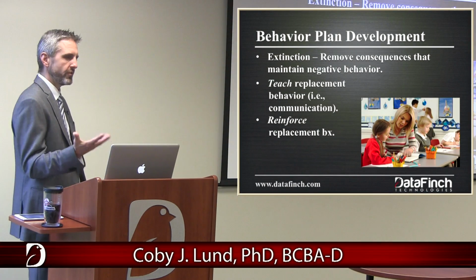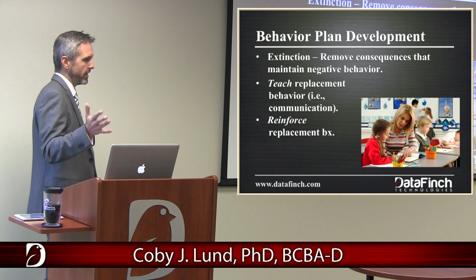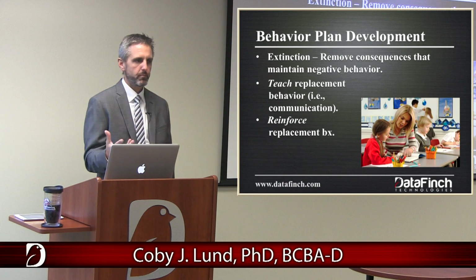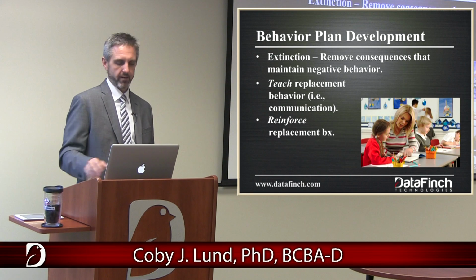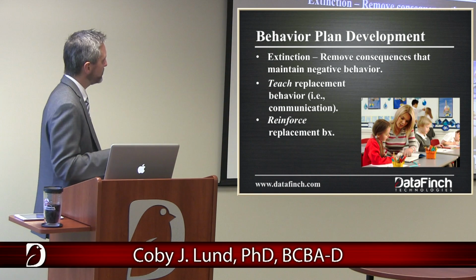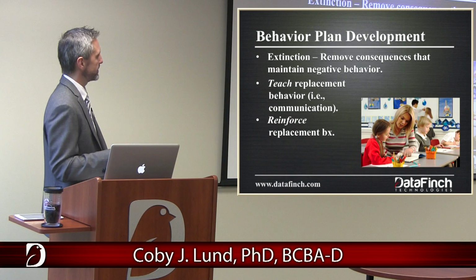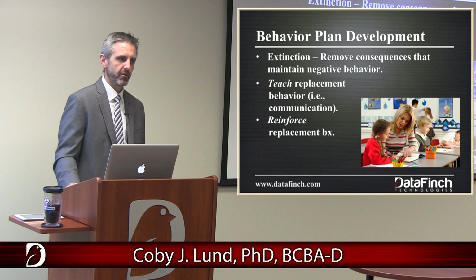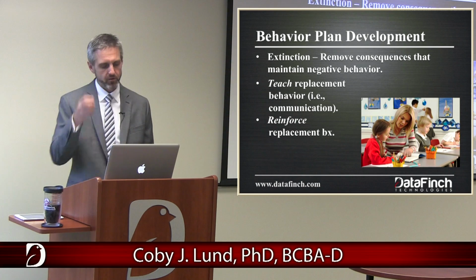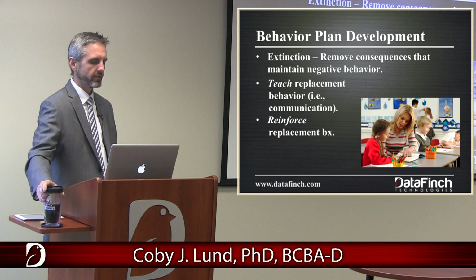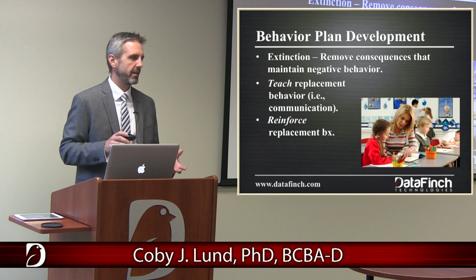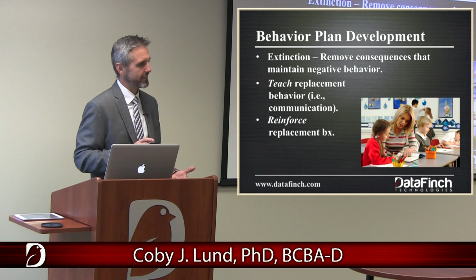As I mentioned, if you remember from part one, the first piece of at least two that we want to include once we identify function is trying to remove or reduce those consequences that maintain negative behavior. So if we know that this behavior is maintained by attention, or we hypothesize that this behavior is maintained by attention, certainly one piece of the behavior plan is let's attend to this inappropriate behavior less.